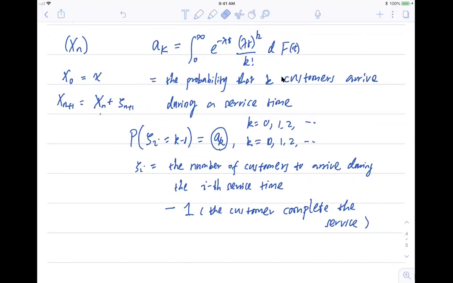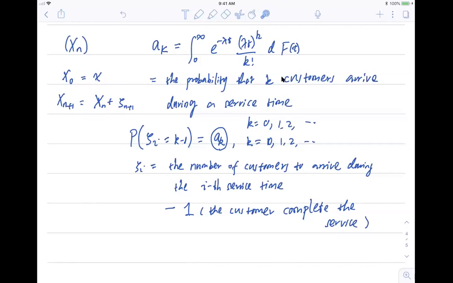So this is the total change after one service time.